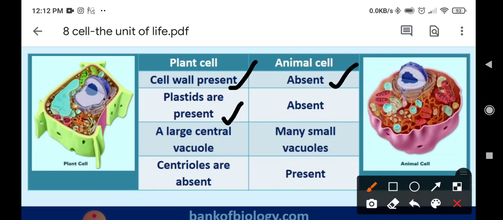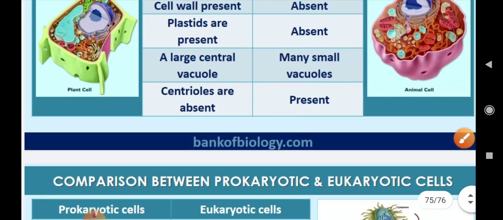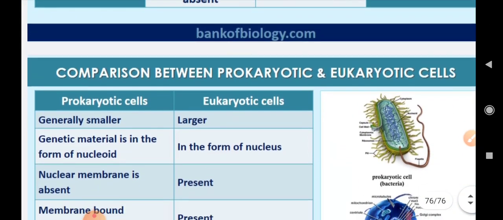Plastids are present, but in animal cells they are absent. In plant cells only a large central vacuole is present, while in animal cells very small vacuoles are present. Centrioles are absent in plant cells, but present in animal cells. So these are some basic differences between plant and animal cells.